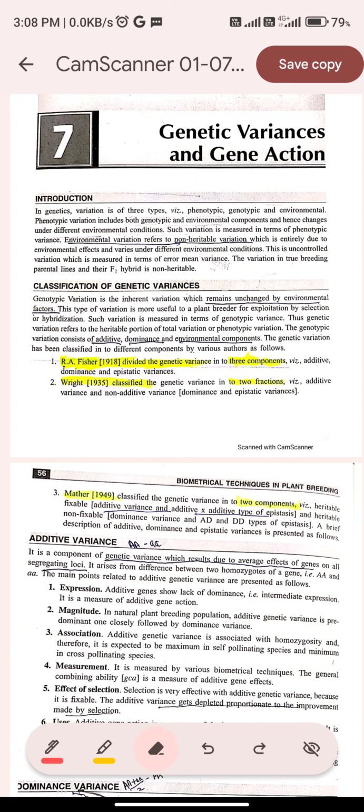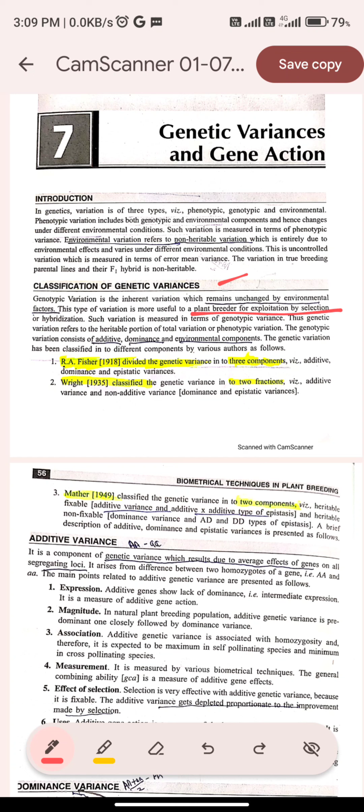Various classifications were given for genetic variance. First we will see what is genetic variance. The genetic variance is the inherited variation which remains unchanged by environmental factors. This is the heritable portion, means it will pass from one generation to another generation.